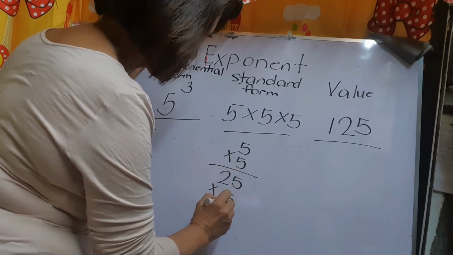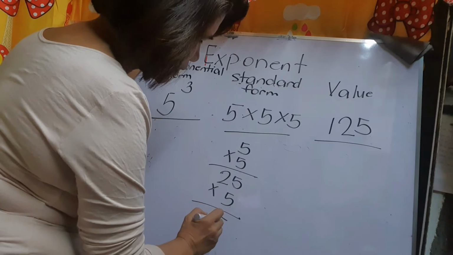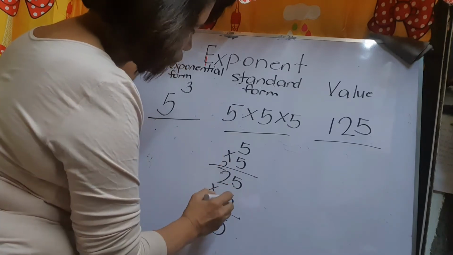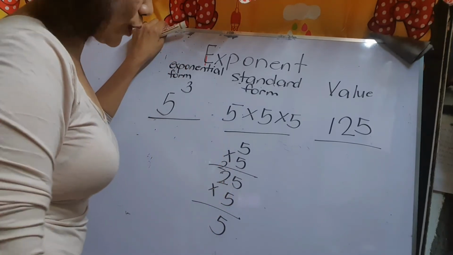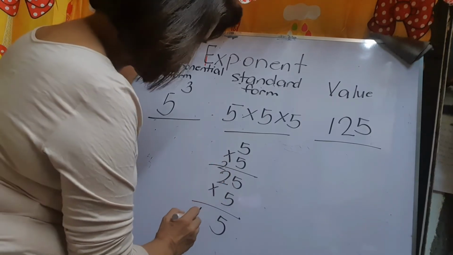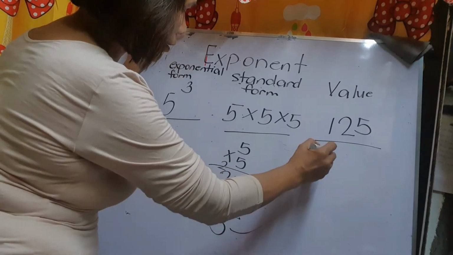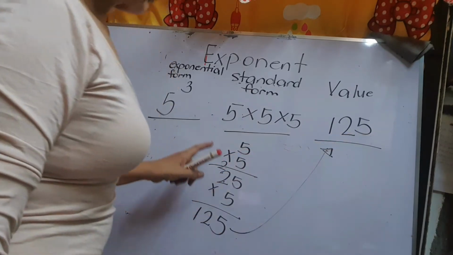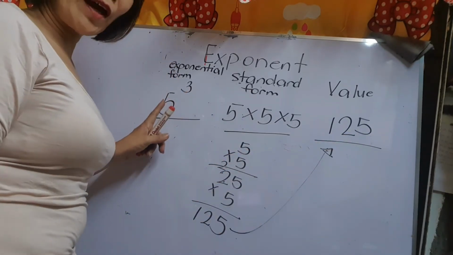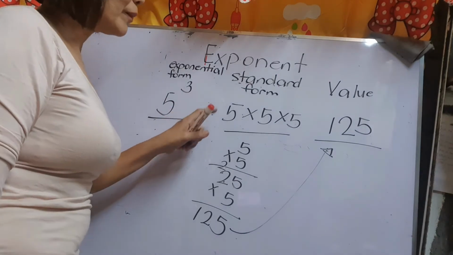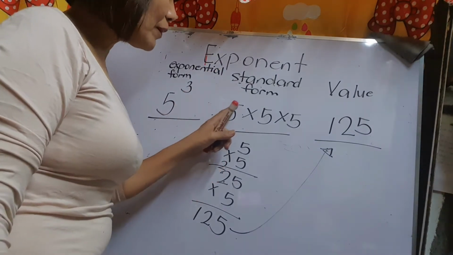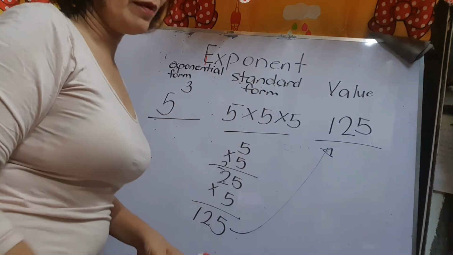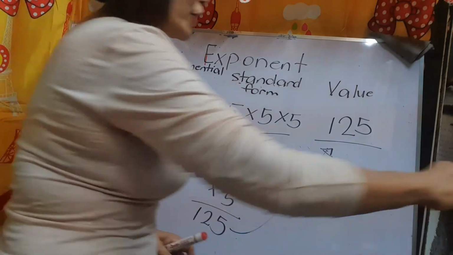And then, times 5 ulit. 5 times 5 is 25, carry 2. 5 times 2 is 10, plus 2 is 12. Okay, so tumama naman. So, ibig sabihin, yung 125, ang kanyang exponential form is 5 to the third power. Ang kanyang standard form is 5 times 5 times 5. So, ganun natin i-check ha.